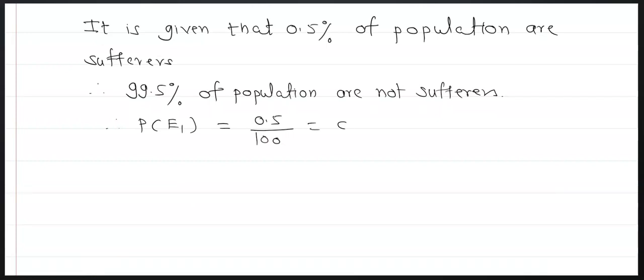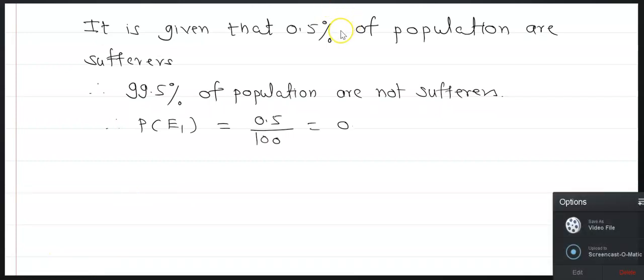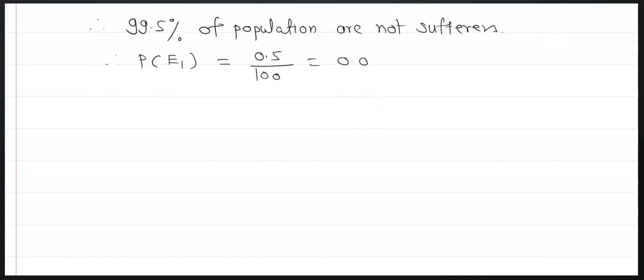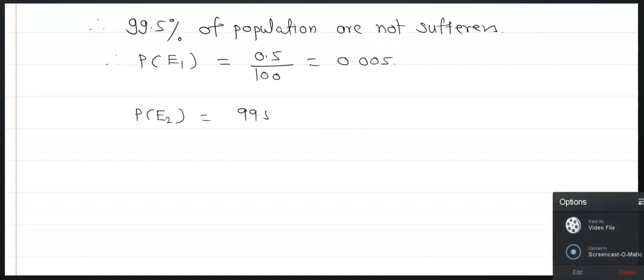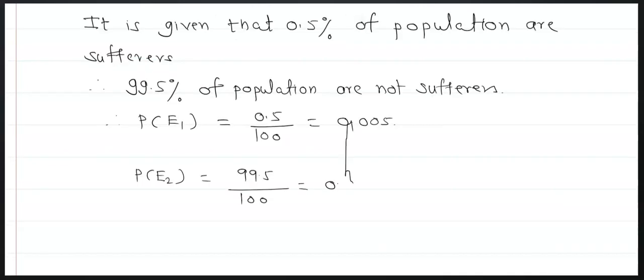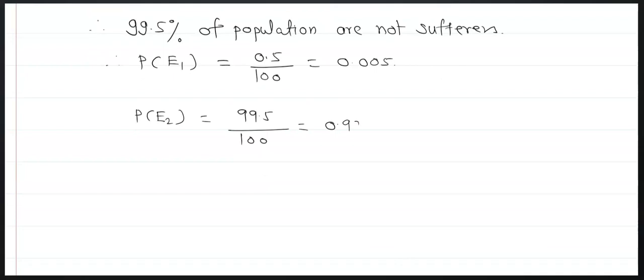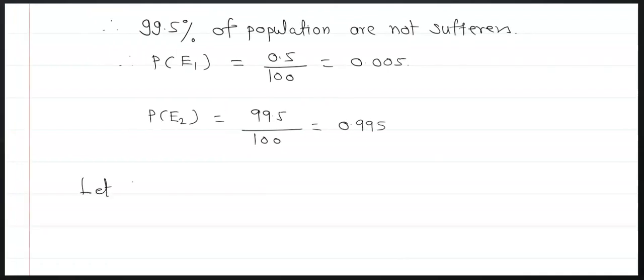Therefore, for E1, the event that the person is a sufferer, the probability is 0.5 upon 100, which is equal to 0.005. E2, that is 99.5 upon 100, these are the non-sufferers, is equal to 0.995.